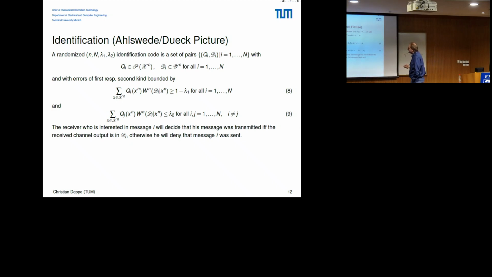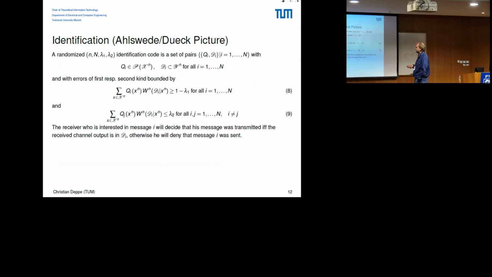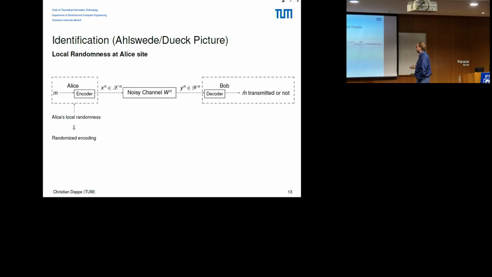Another thing you see here is that I write it for all i and j, that's the maximum error. You can get rid of the randomization if you just write the average error, but I think for identification it's better to use the maximal error. So what we really need is local randomness and randomized encoding to get this.